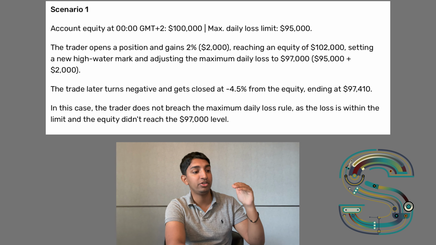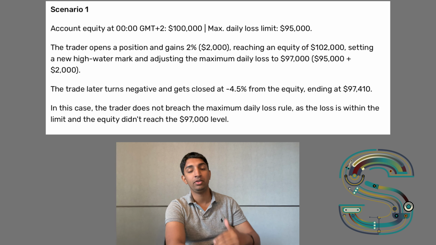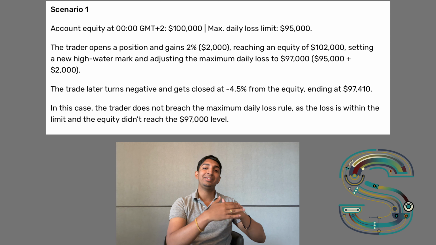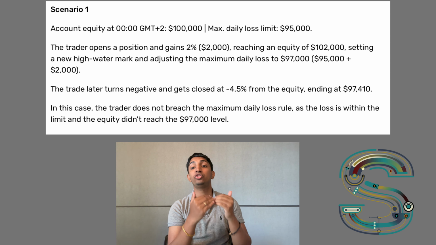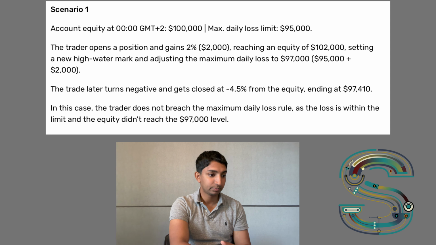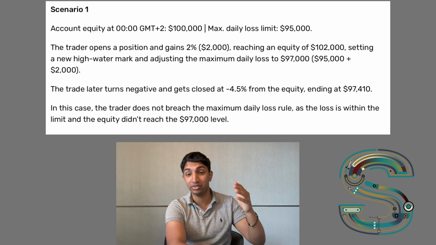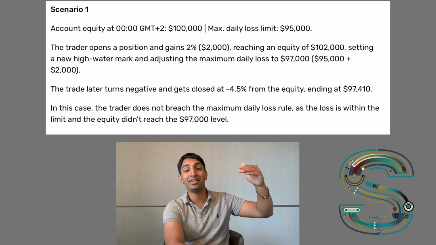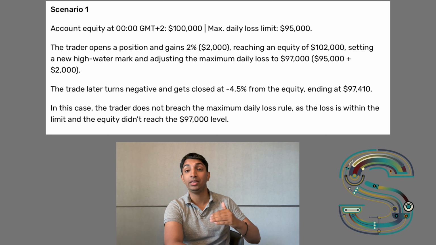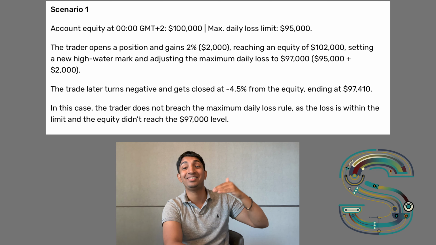This sets a new high watermark, adjusting the maximum daily loss to $97,000. As explained before, the daily loss limit does not stay at the balance, it actually goes up by $2,000. So to reiterate, your equity is now $102,000 and your daily loss limit is now $97,000.